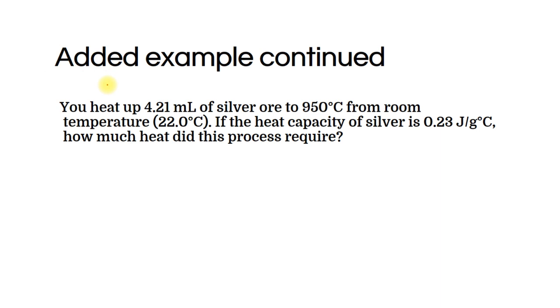Now, I'm probably going to use that here on this problem because this is about silver ore also, so we can just jot that down as a fact that we have, right? The density is equal to that. I have a volume of 4.21 milliliters of silver, but there's no volume in this equation. So I'm guessing I'm going to use the density and the volume together, right? So we're multiplying.